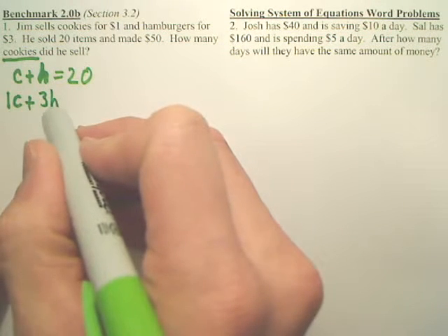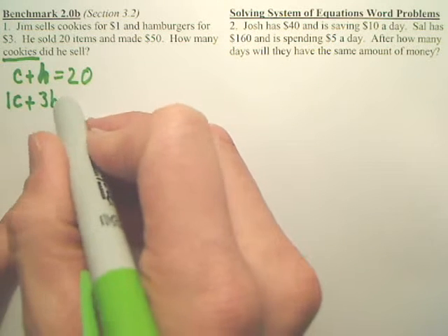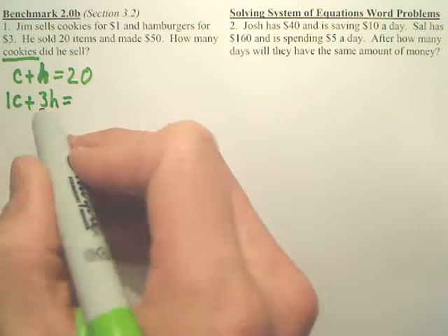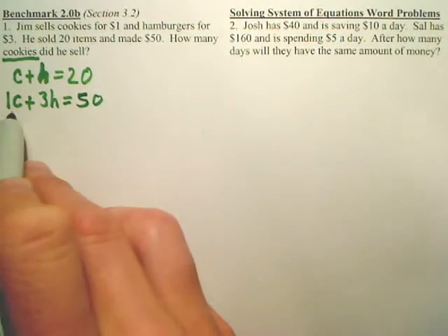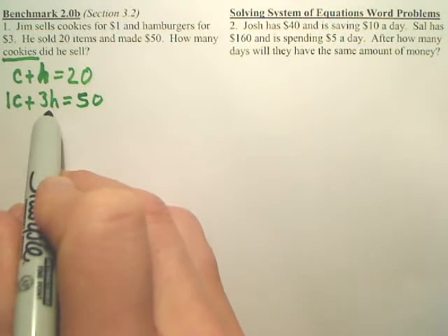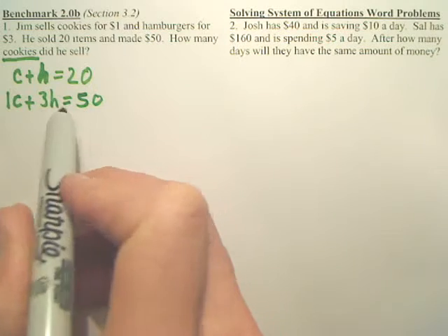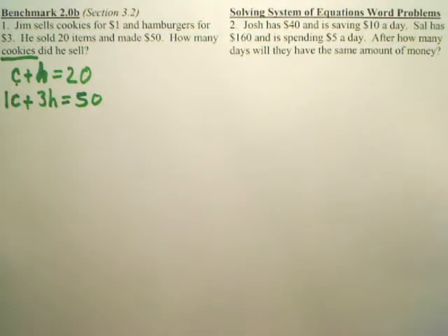So if I sell 10 hamburgers, 10 times 3 is $30 I made. And the sum of the amount of money from cookies and the amount of money from hamburgers adds up to $50. So again, this is how much money you make from cookies. This is how much money you make from hamburgers. Together you should make $50. The number of cookies plus the number of hamburgers adds up to 20. From that data, we could find the number of cookies.